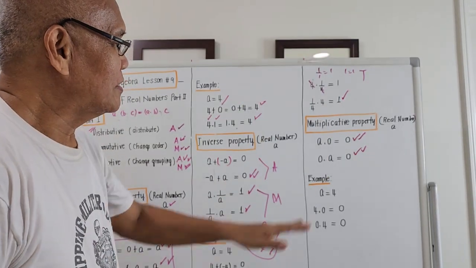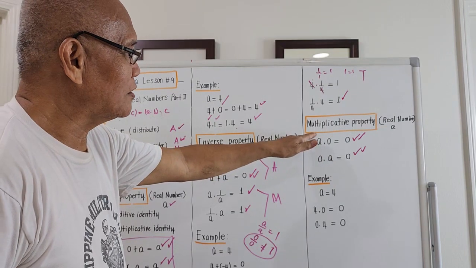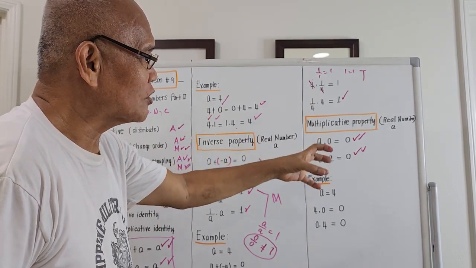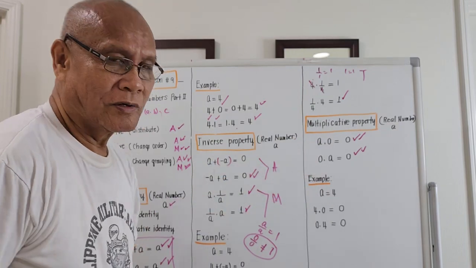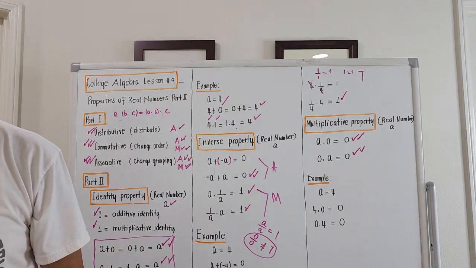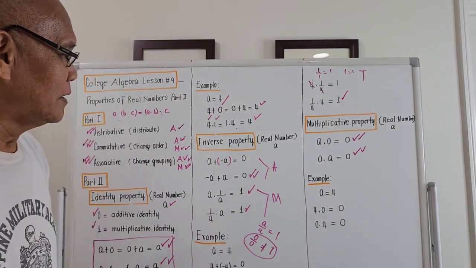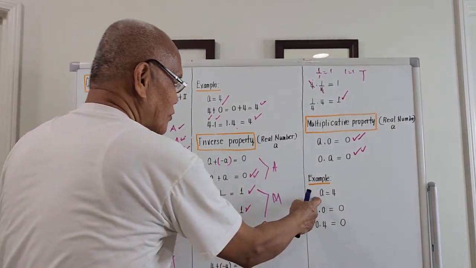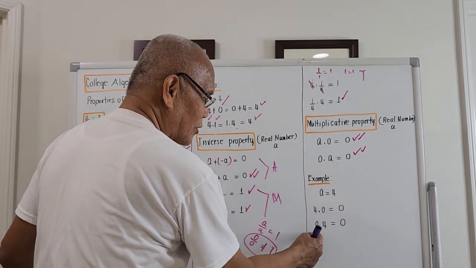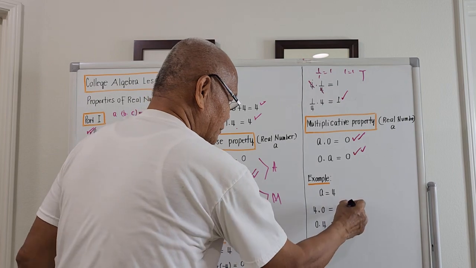So under this so-called multiplicative property, any real number, whether plus or minus, multiplied by 0 will be 0. Don't forget that one. Okay, that's the real concept under algebra. An example of this: a is equal to 4. 4 times 0 is 0, and 0 times 4 will still be 0.